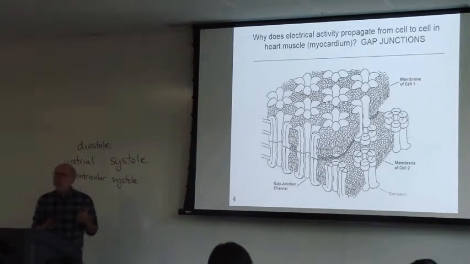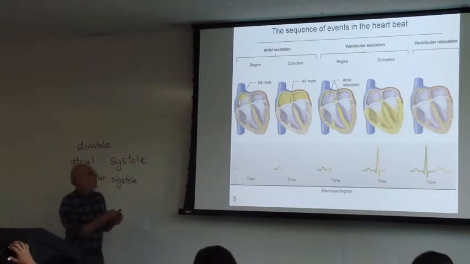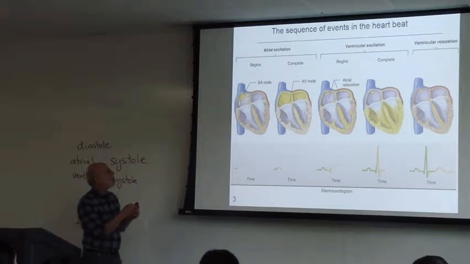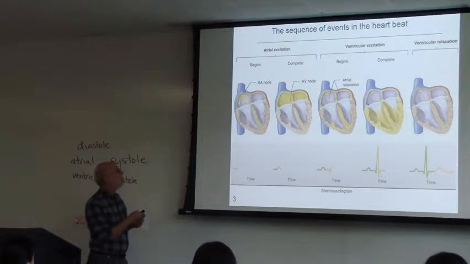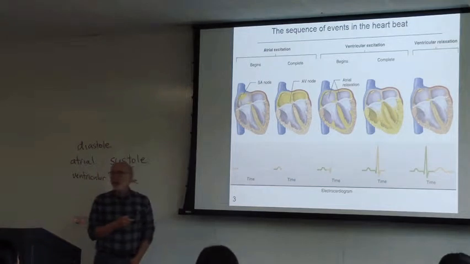So again, I want to just make it clear, why is electrical activity spreading from the SA node into the atria? I need to use some more anatomical terms. Why is it spreading from the AV node into these two branches called bundle branches, left and right bundle branches?